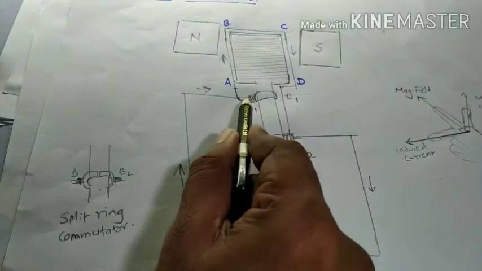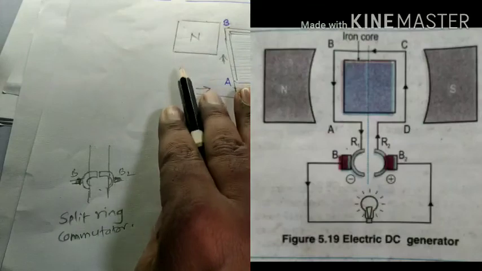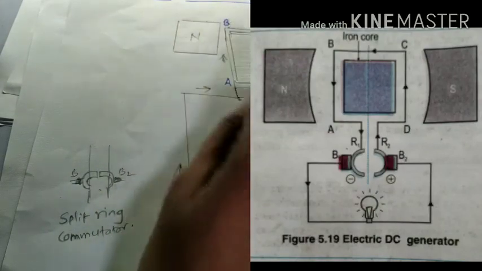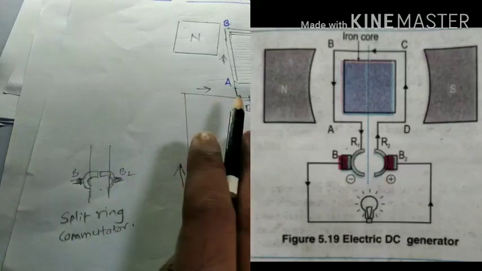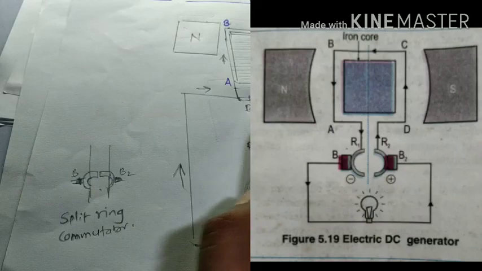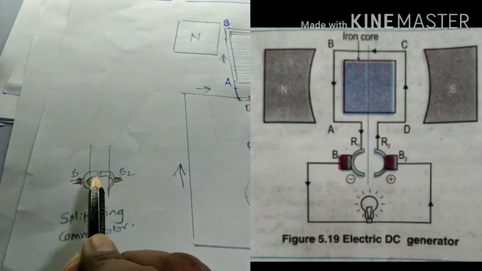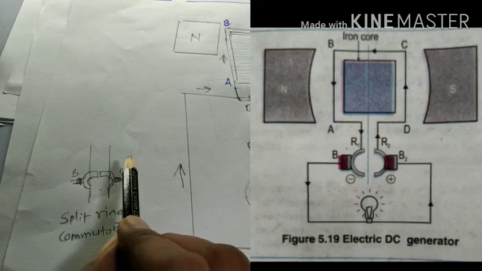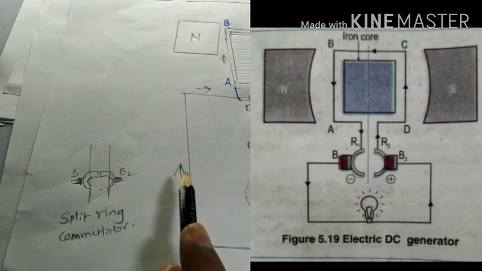In the alternating case, the current direction changes at half rotation. Here there is no direction change, only the brush contact changes. The current flows in one direction in the external circuit. This is why this generator is called a DC generator.